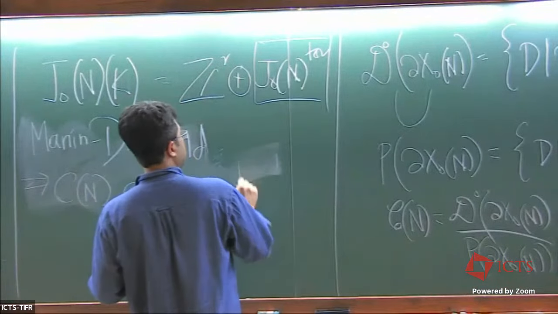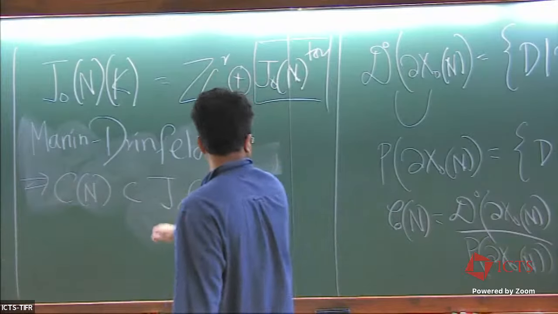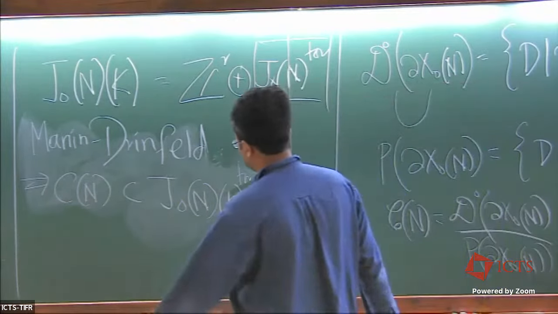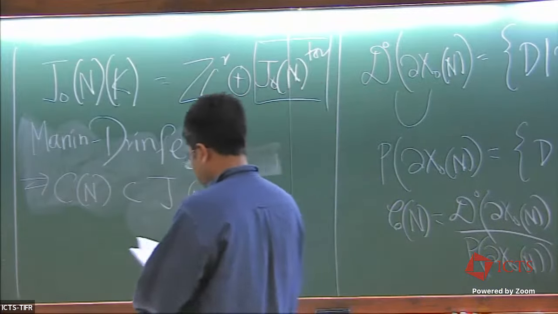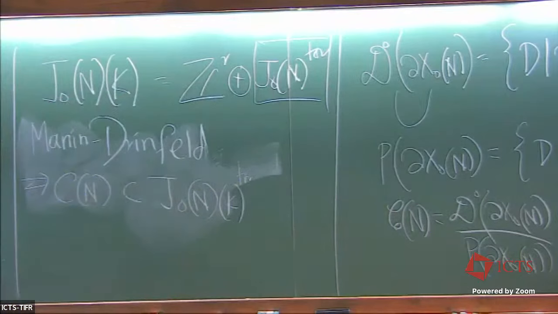I'm not specifying K for a reason. So C_N is contained in J_0(N), and the torsion part sits inside the torsion part. That is the Manin-Drinfeld theorem. So the question is how far C_N is from J_0(N)(K)_tor.